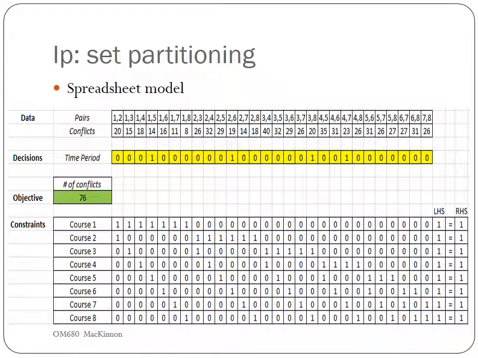So, for example, we've chosen 1 and 5 to overlap, 2 and 6 to overlap, and 3 and 8, and 4 and 7. Those are our 4 time periods. So we've chosen which courses are going to overlap, that result in the least number of students, in this case 76, having conflicts.